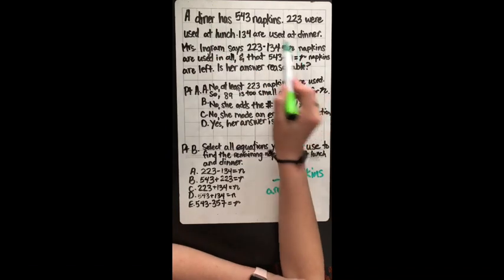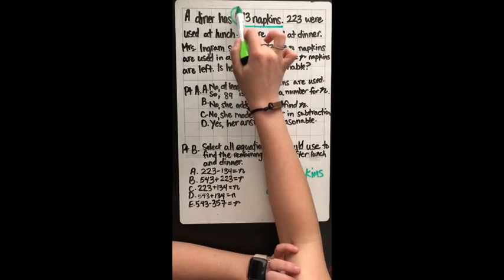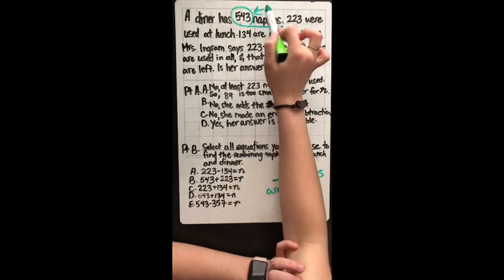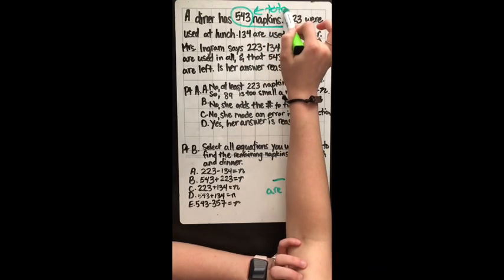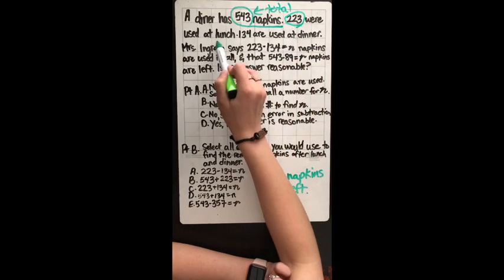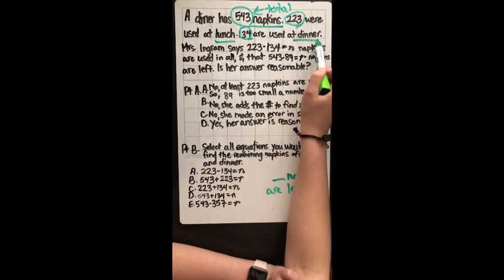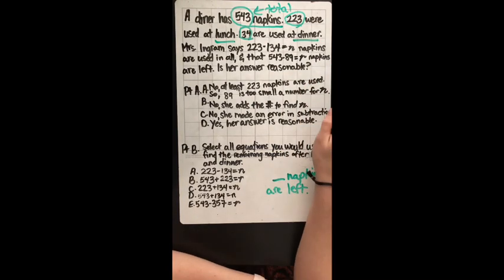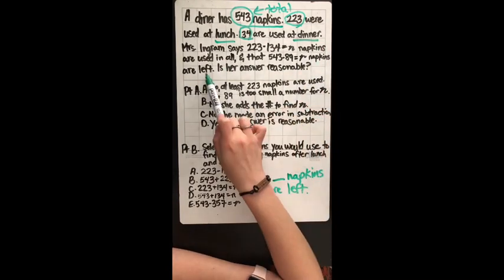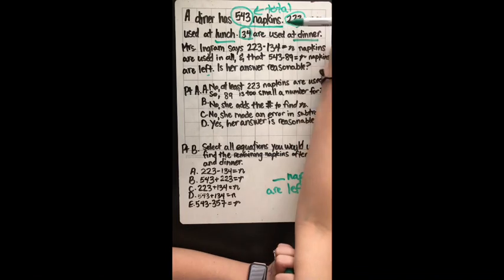So here the diner has 543 napkins. I know that is how many they started with. This is a total. Now, it tells me that 223 were used at lunch and 134 were used at dinner. So, if I'm trying to figure out how many are left over, my first step is figuring out how many I've used so far.